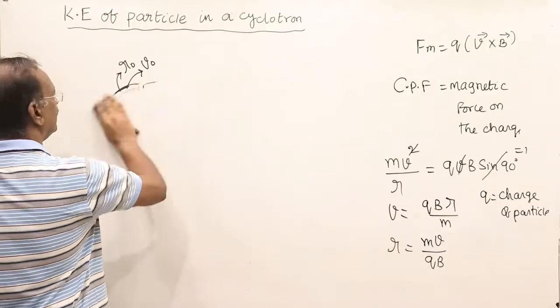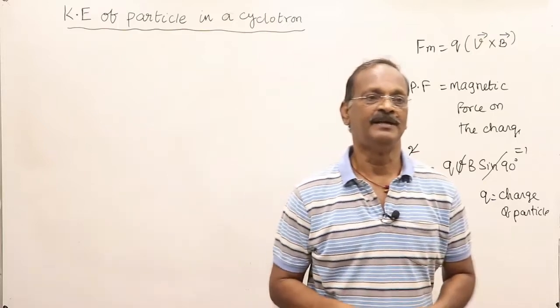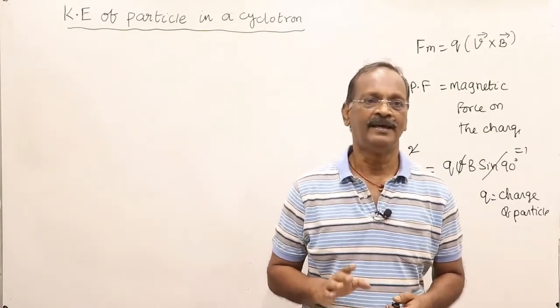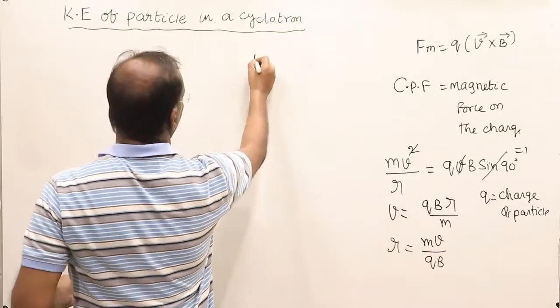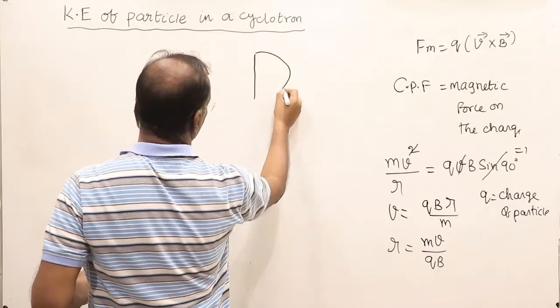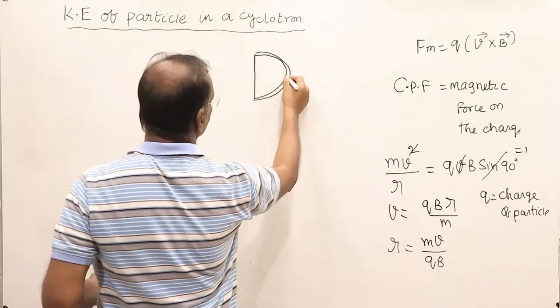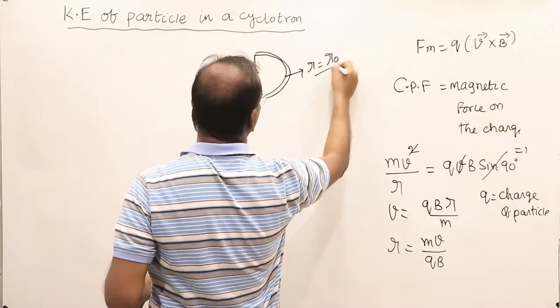And now we can see, what is the maximum radius of the particle? Suppose this is a D, the particle can go up to the periphery only. This is the radius which we can call the maximum radius.